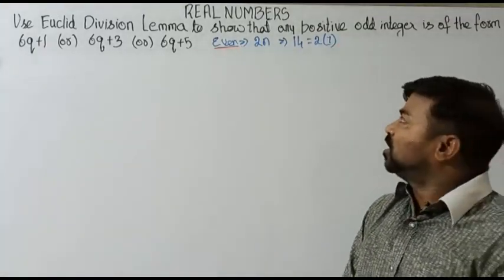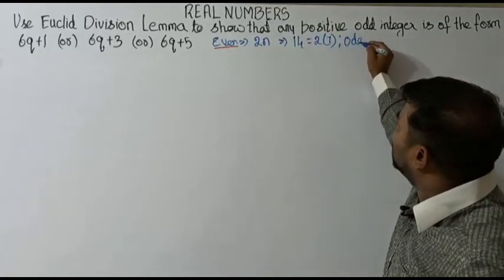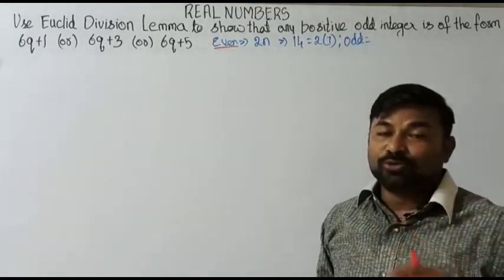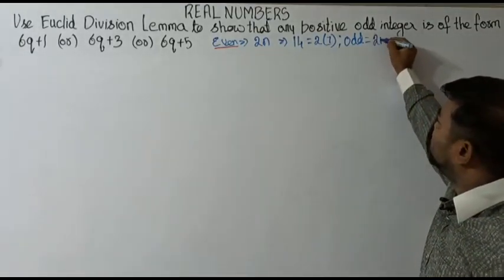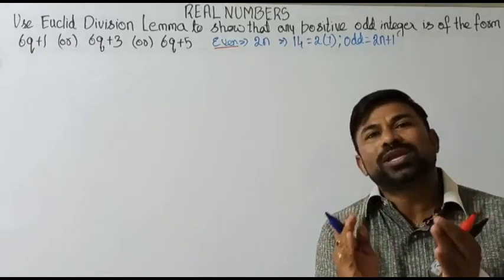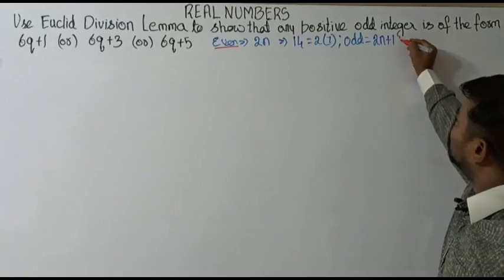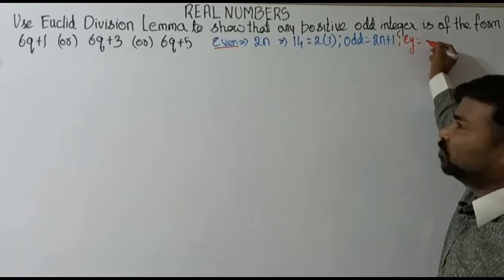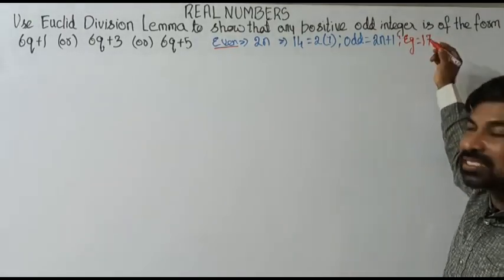Now let's go for how an odd number looks. We have to remember that any odd number is in the form of 2n plus 1. A number which is in the form of 2n plus 1 is nothing but an odd number. Let's take an example: 17.